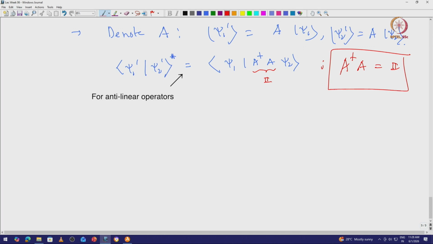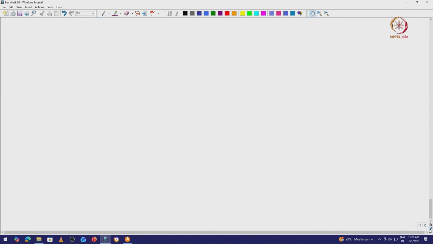Much like the unitary operator, but once you put that, you get psi 1 and psi 2. So, it turns out, and we can show it explicitly, but let me just state it, anti-unitary operators are antilinear, not necessarily the other way around.